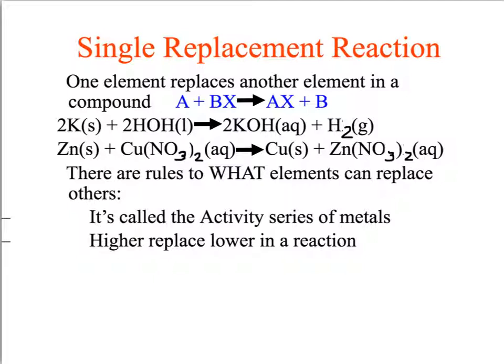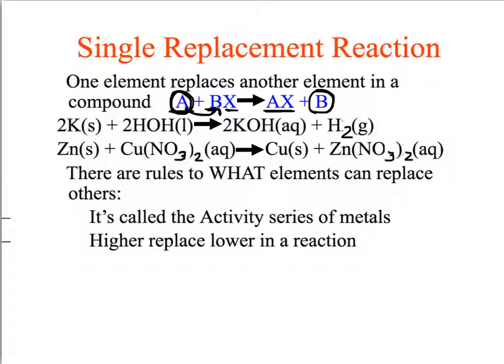Our next type of reaction is called a single replacement. And the key to a single replacement reaction is you have one element by itself and it kicks another element out. So notice A was by itself. A comes in and steals X away from B. Sort of like steals B's boyfriend. And now A has a boyfriend and B is all by herself.